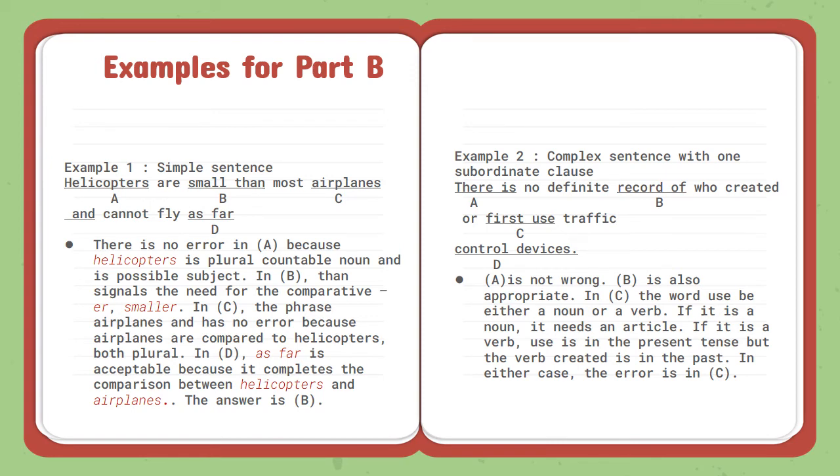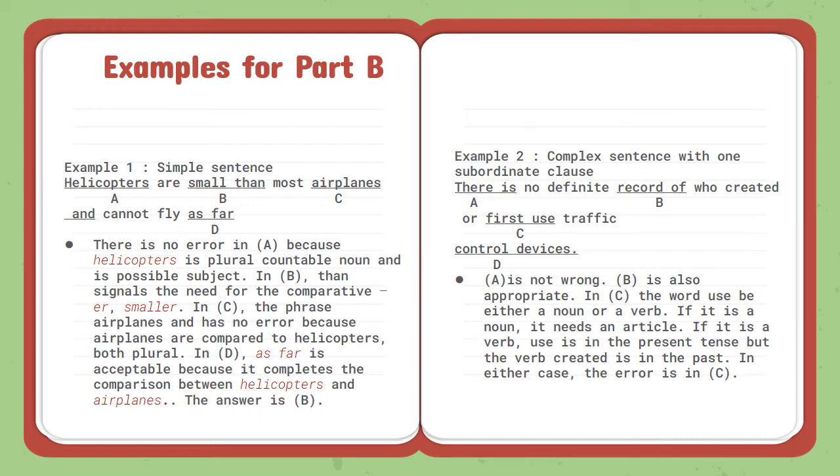Small, not small, but smaller than. In C, the phrase airplanes has no error because airplanes are compared to helicopters and both of them are plurals. In D, as far is acceptable because it completes the comparison between helicopters and airplanes. So the answer is B.